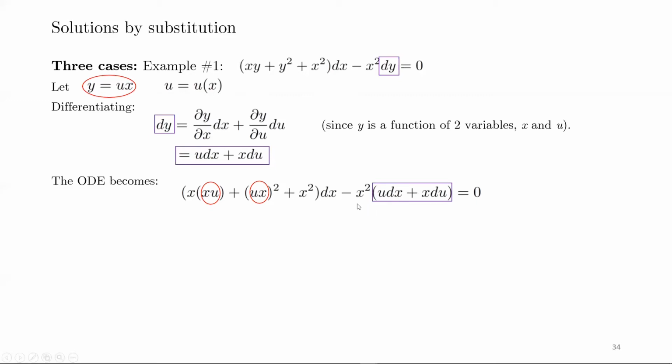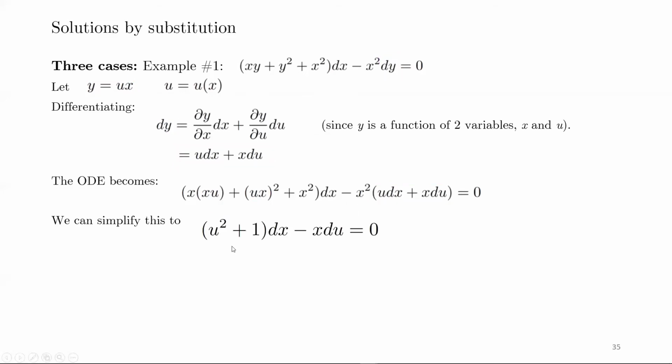I hope that's clear. So we can simplify this to u squared plus 1 times dx minus x times du equals 0. Okay. So what I've done here is I've taken this term minus x squared u dx and combined it with this first term, and then I've divided through by x squared.